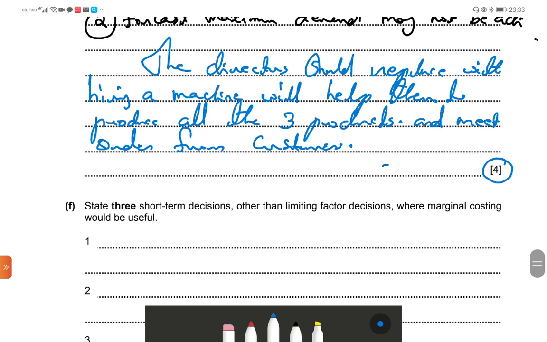Otherwise, if the customers who want product Y find it is not available, they will find another supplier. So it is better that the directors replace with another machine.